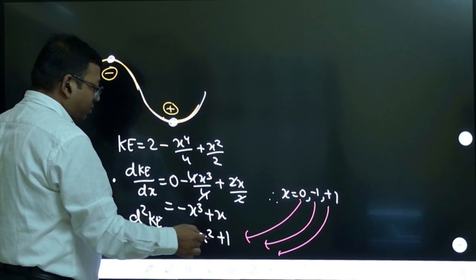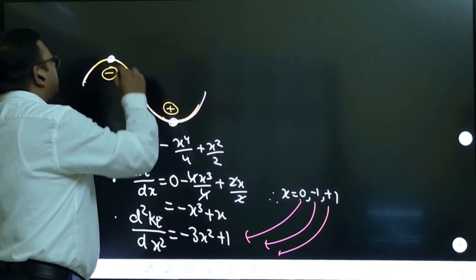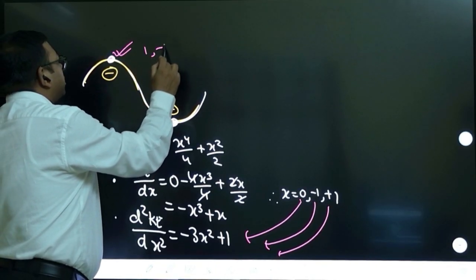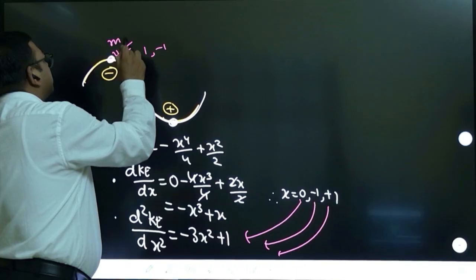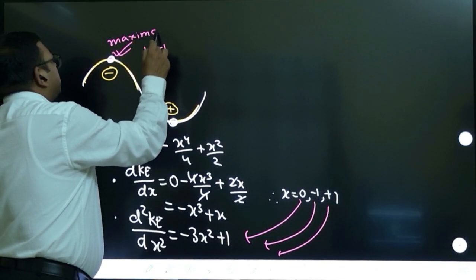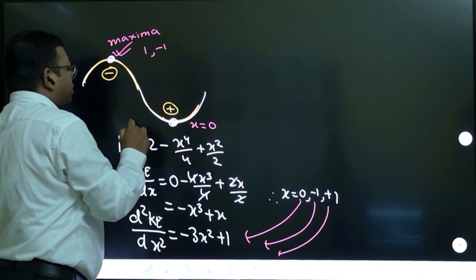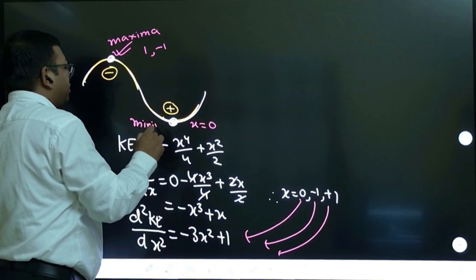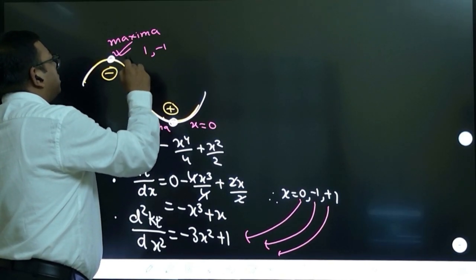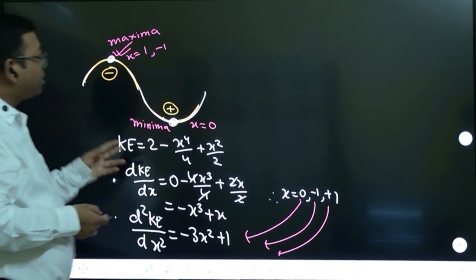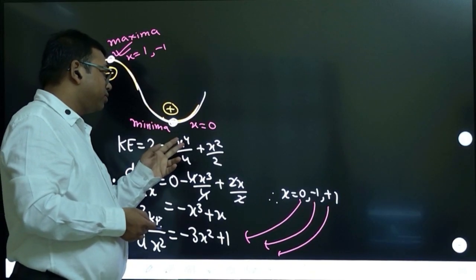Minus 3 plus 1, minus 2, negative. So if you take the value of x as 1 or minus 1, you will get maxima, and if you take the value of x as 0, you will get minima.